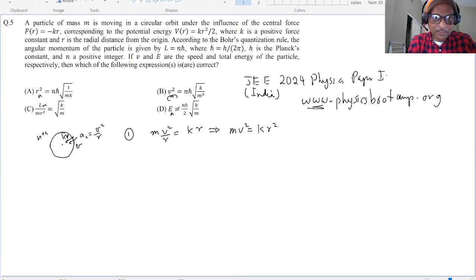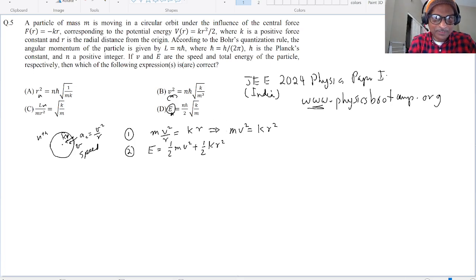Another thing they're looking at is energy. The energy will be simply kinetic energy plus potential energy, and v is the speed, not the radial speed. E equals half m v square plus half k r square.